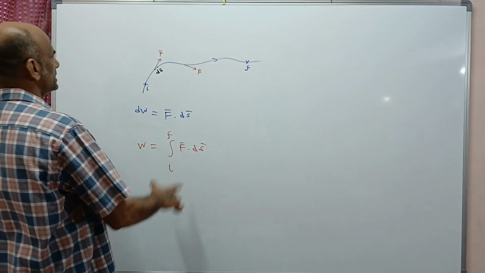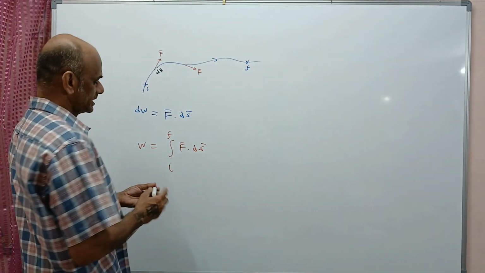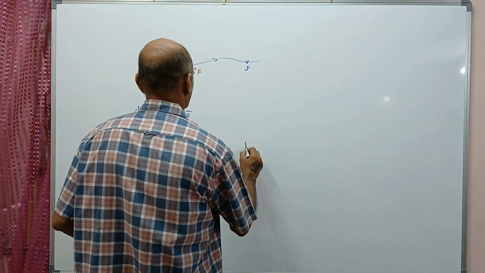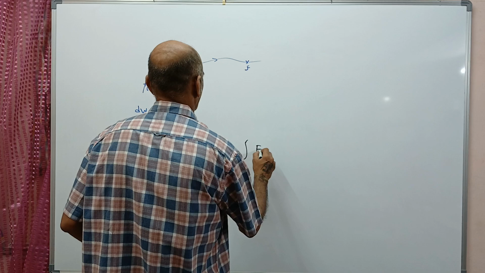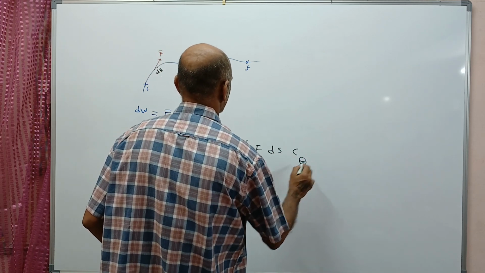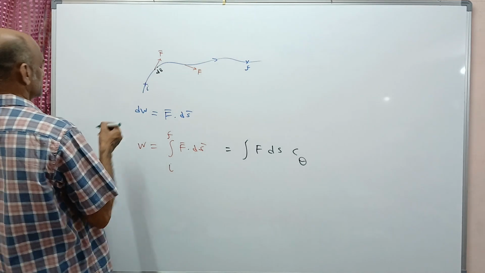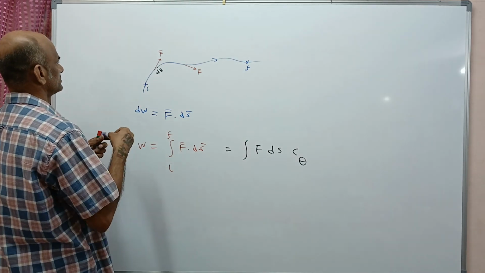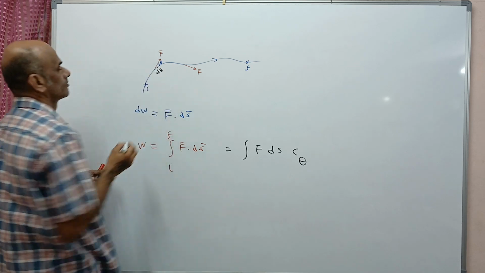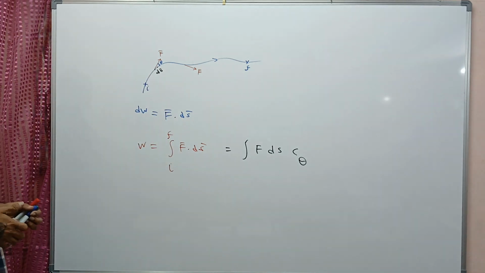F is a vector and ds is also a vector, so this is nothing but the integral of F into ds into cos of the angle between these two vectors, cos theta. So here theta is this angle. With this understanding, we can solve this JEE Advanced question.